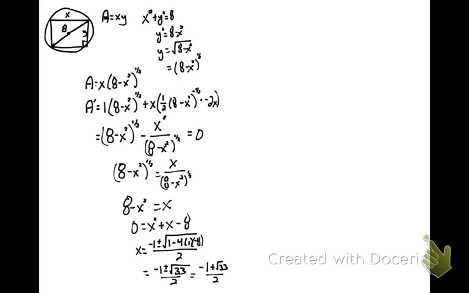Y then is not a major hassle to solve for. Y would equal 8 minus our quantity of x squared, so negative 1 plus root 33 over 2, squared, and then that whole thing to the 1/2 power.